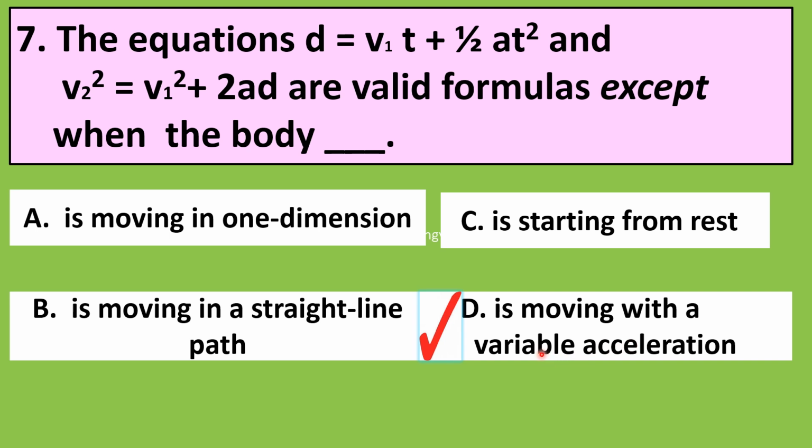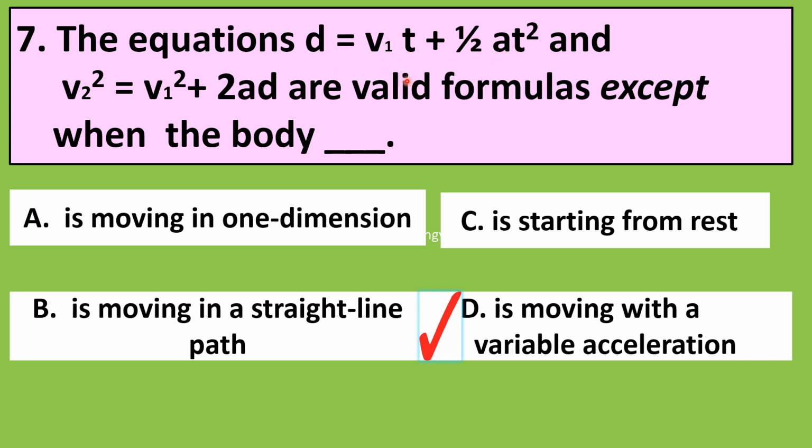When we say variable, we mean changing. Alright? Changing acceleration. Have you realized that both of these formulas in kinematics require us to assume that the acceleration of the body must be constant?